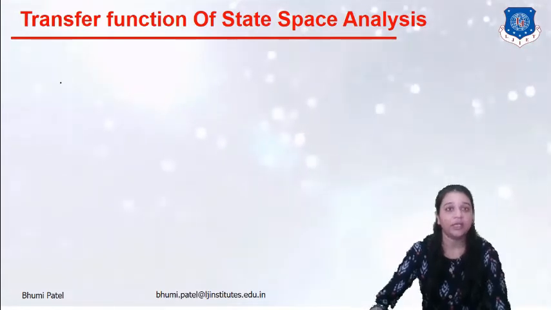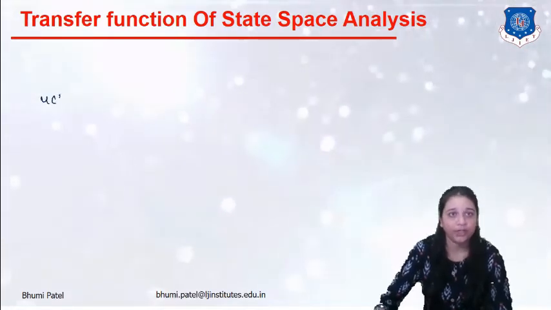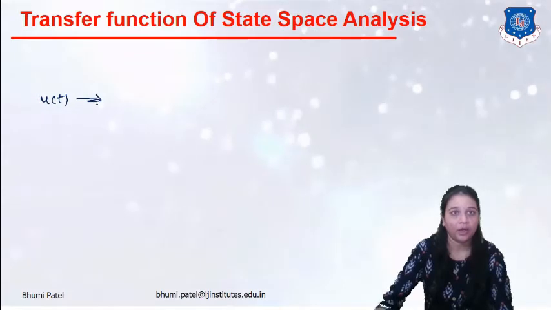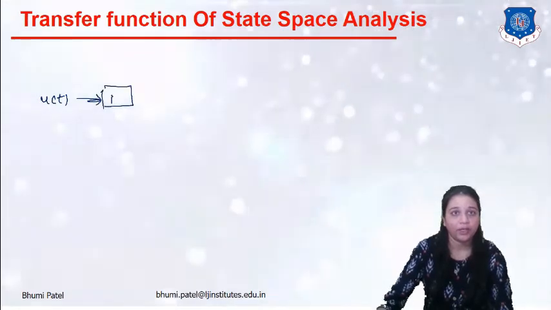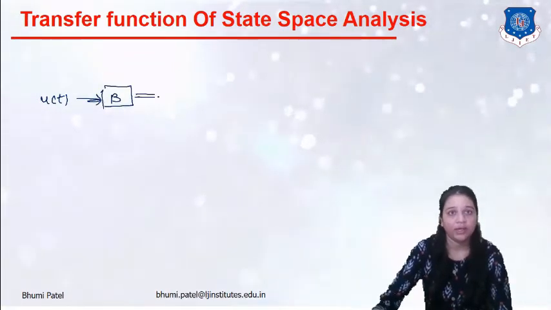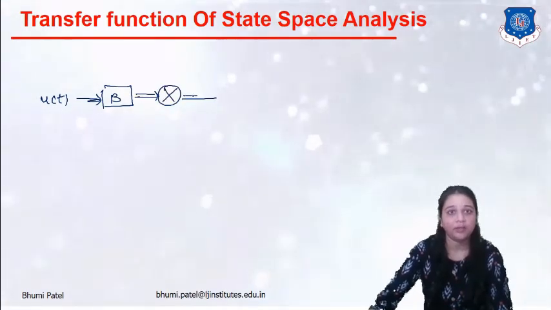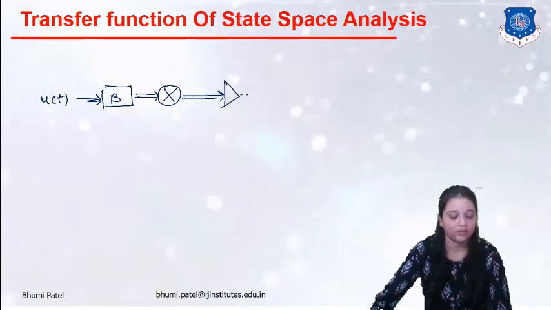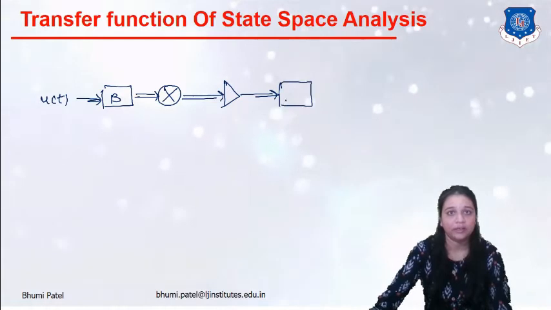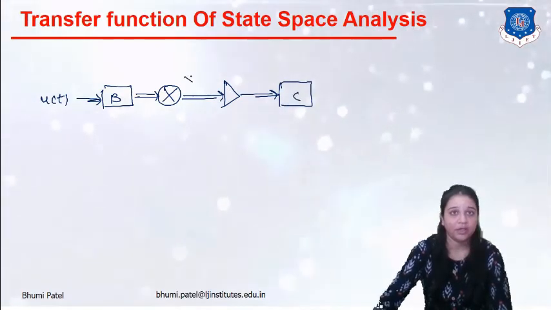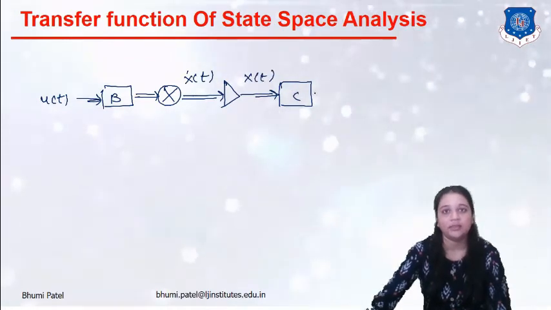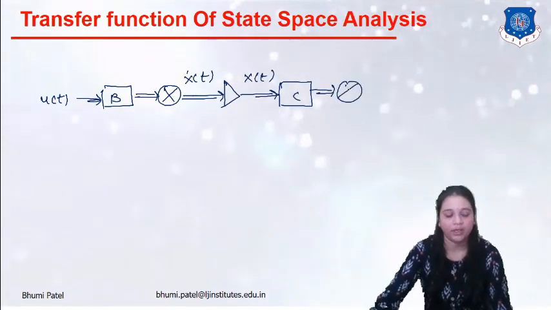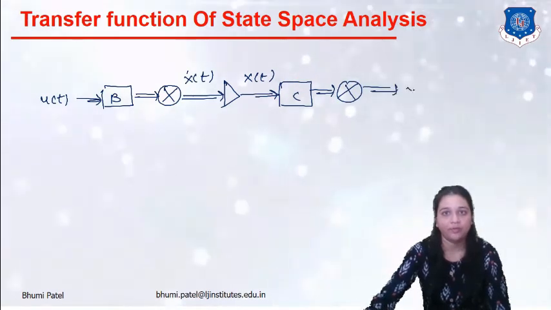So starting with the input, here the input is u of t. After that we can put here B, after that we can put here the summing point, after that the integration, and here C. Suppose this is x dot t, so we can get here x of t, and this is again my summing point, and this is my output y of t.